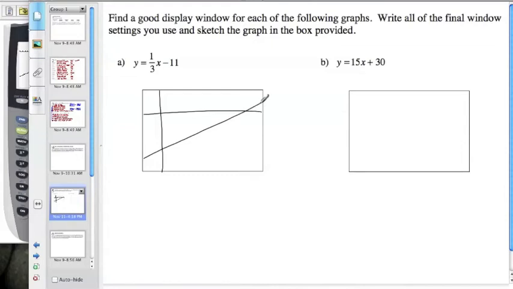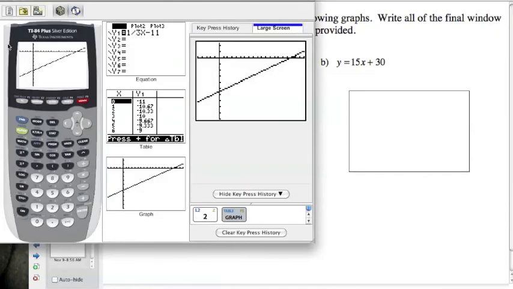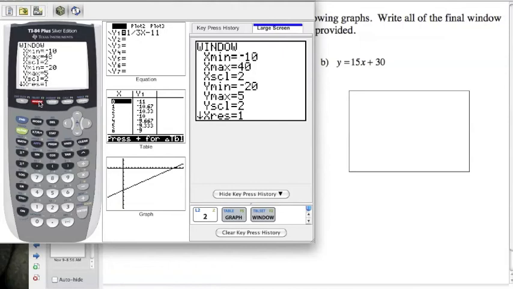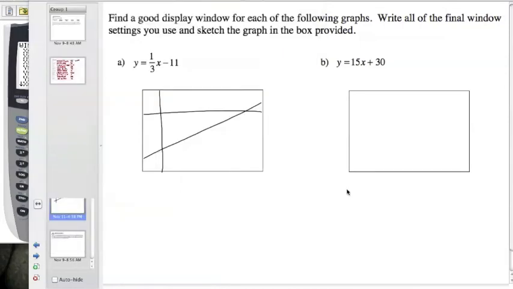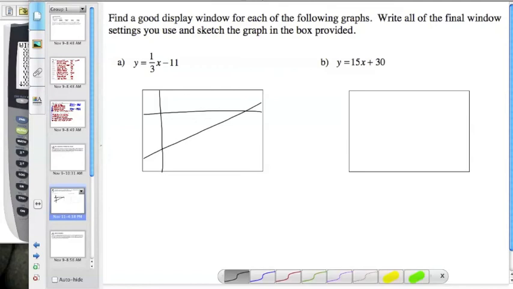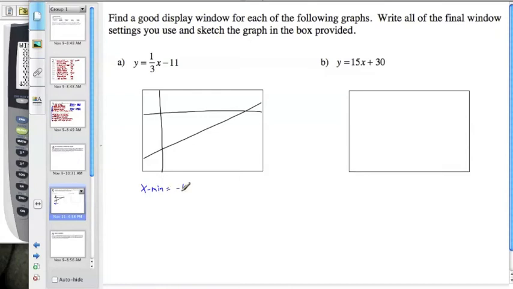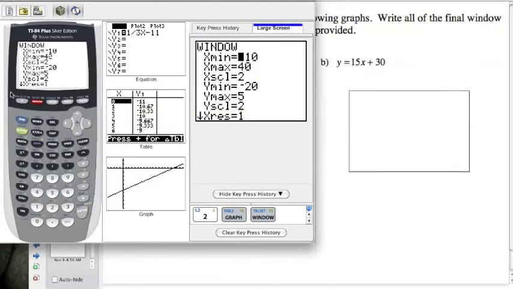And then the other thing I'm going to do is copy down what my window values are. So if I go into my window, I'm going to copy these down. X min is negative 10. X max was 40.